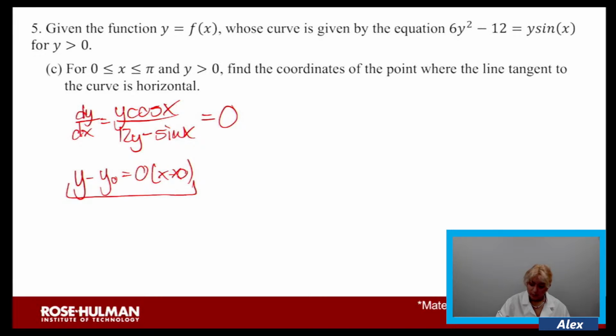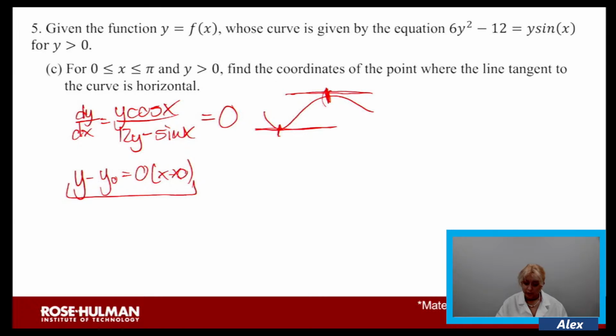So to do that, we have to consider what this graph might look like. So say it looks like this. We know that it'll be horizontal in one of these two types of points, meaning that it is changing from decreasing to increasing or increasing to decreasing.